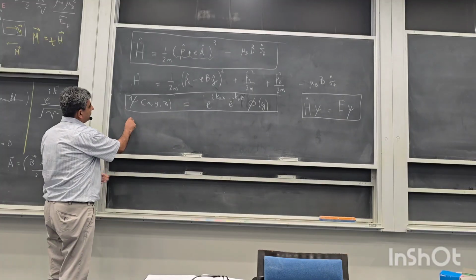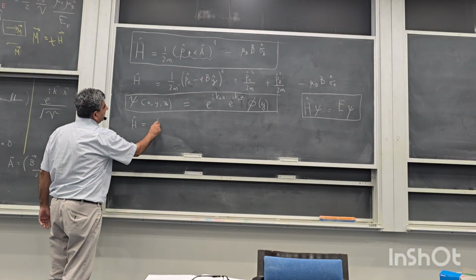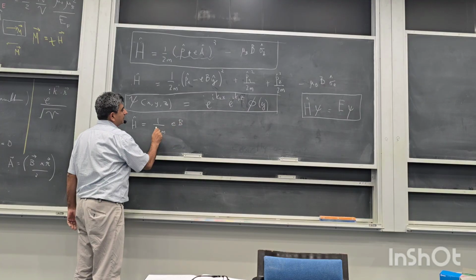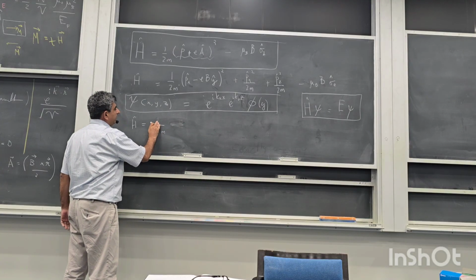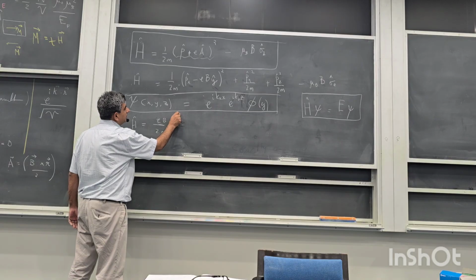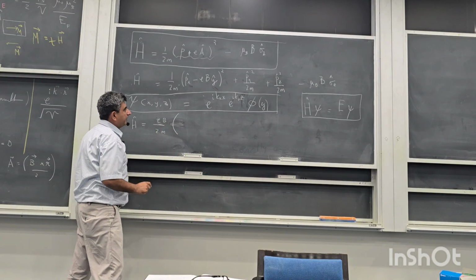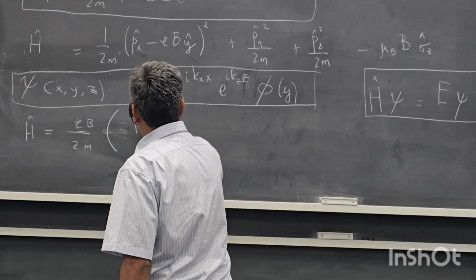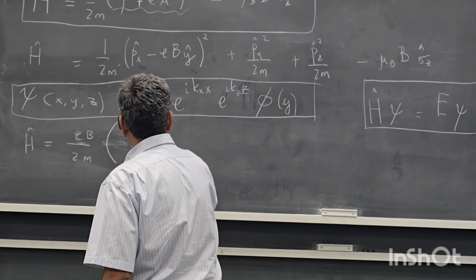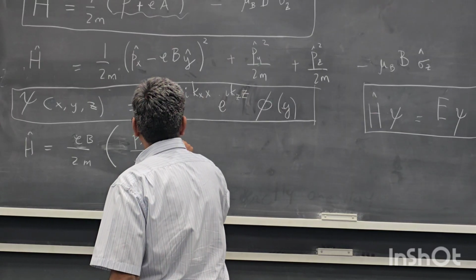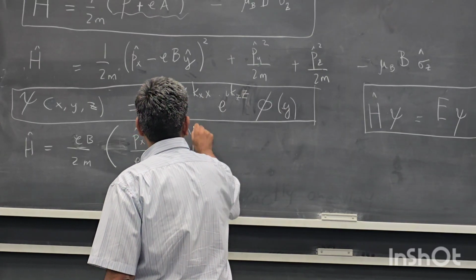If I look at the Hamiltonian, I take eB as common. So I factorize out eB. I'm left with Px over eB minus y, right?